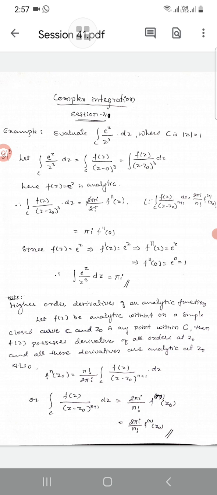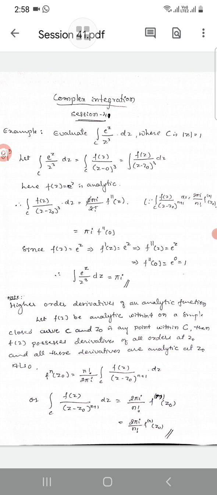First, remember that the given example is in the form of the higher order derivative, that is the integral over C of f(z) divided by (z minus z0) to the power of n plus 1, dz. The denominator here is z cube, so we have to write it in the form z minus z0. Here z0 is 0, so it is (z minus 0) whole to the power of 3.